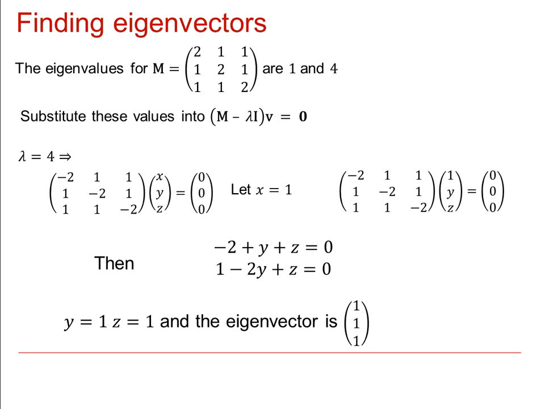So to find the eigenvector, we take the particular eigenvalue, in this case lambda equal to 4, substitute it into this equation, and that produces a set of equations for the values of x, y, and z. But we can, without loss of generality, take x equal to 1 to find the particular eigenvector where x is equal to 1.